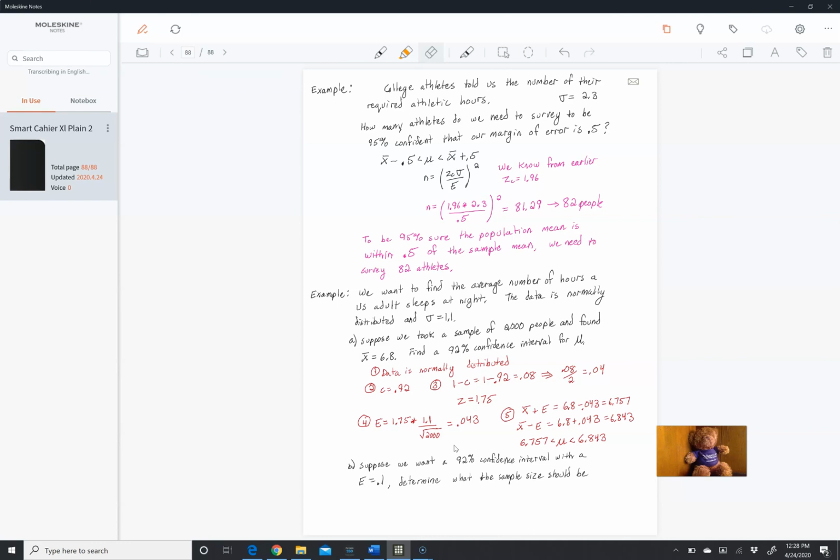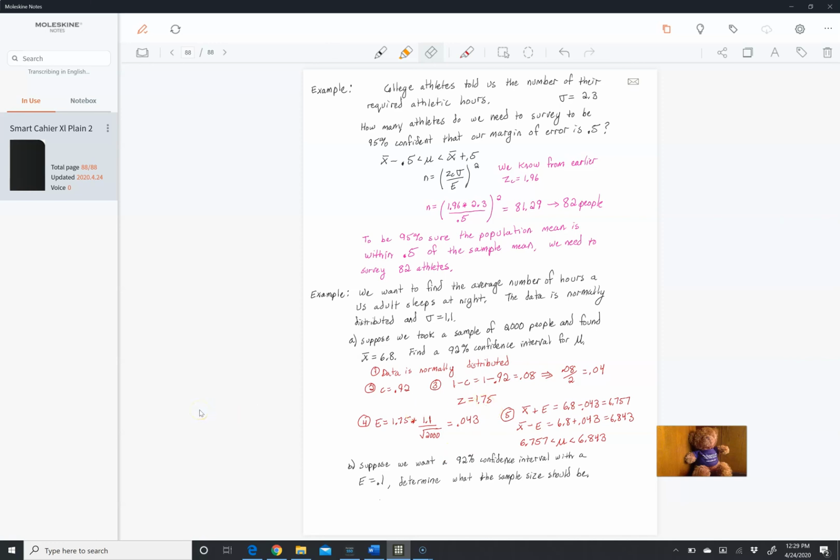And we're using that formula from before. We're going to use this. Okay, the difference is that the z-score that we're using is the z-score that we found here. It's going to be 1.75 because it's a 92% confidence level. So we already found the z-score.